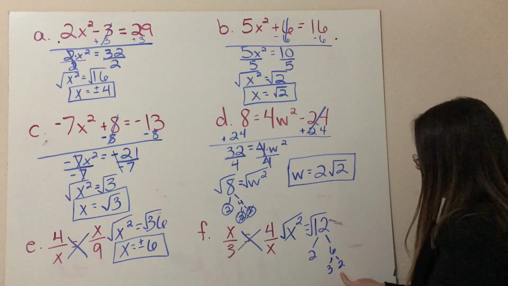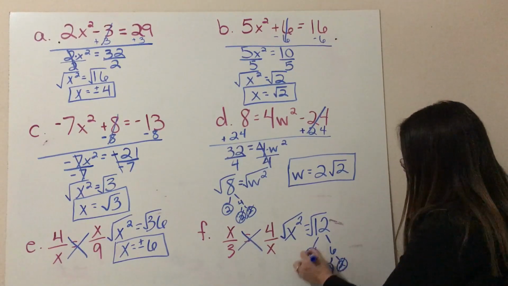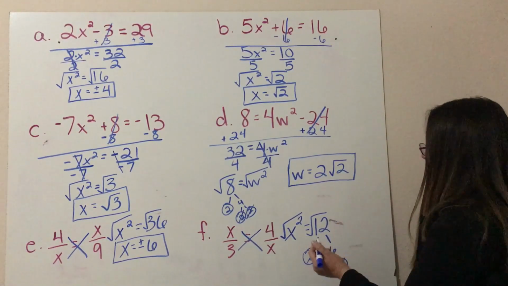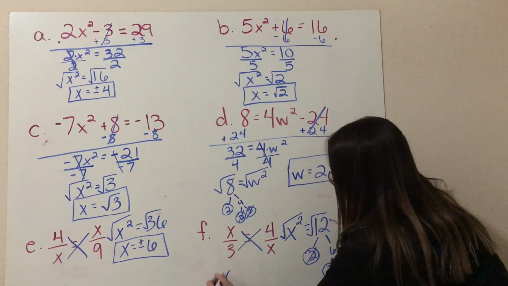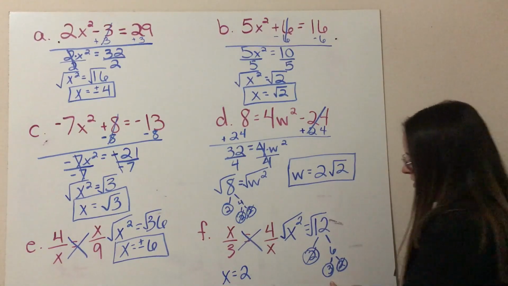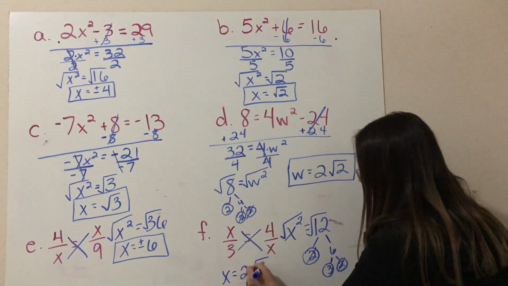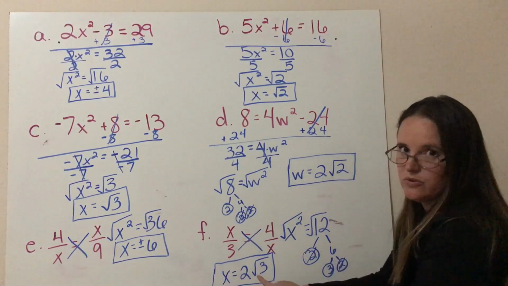So my 2's go together, and I can pull them out of the square root. So I will end up with x equals 2, and then I still have a 3 here that will need to go under the square root. So we've got x equals 2 root 3.